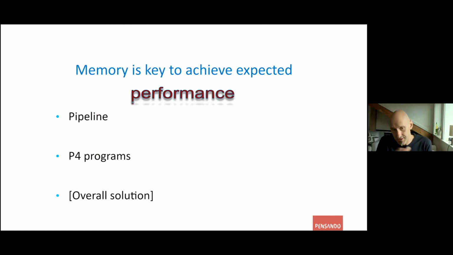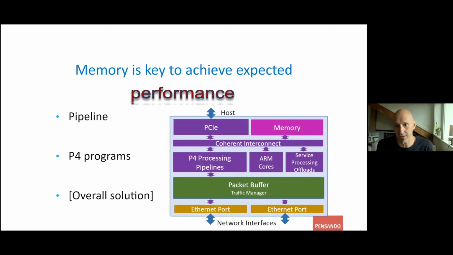And as far as our case at Pensando, the performance of the overall solution, because as I said, our distributed service card also includes some general purpose processors and some specialized processors, besides the pipelines. All of these processing elements exchange information through memory. So memory really plays a key role.